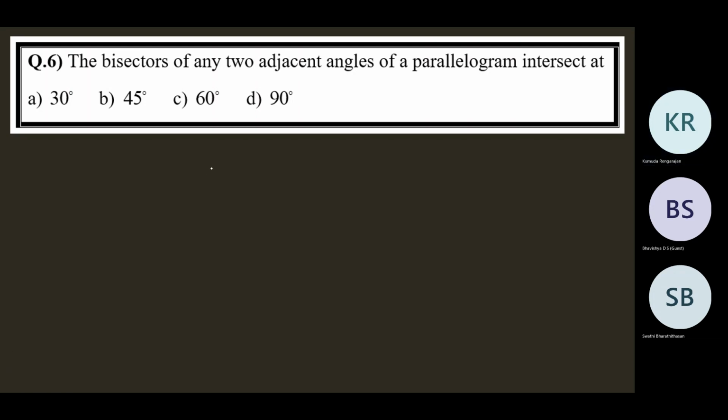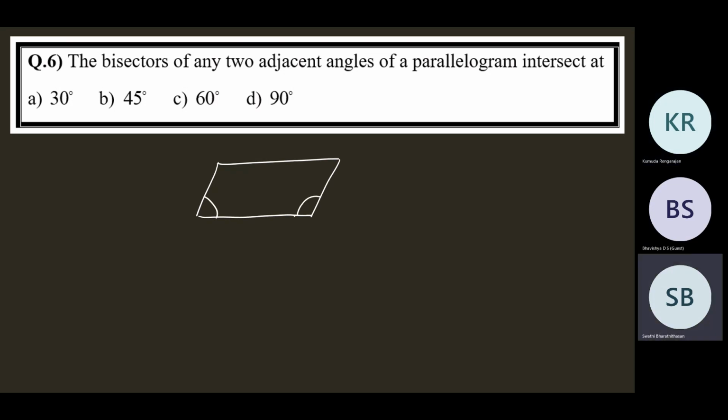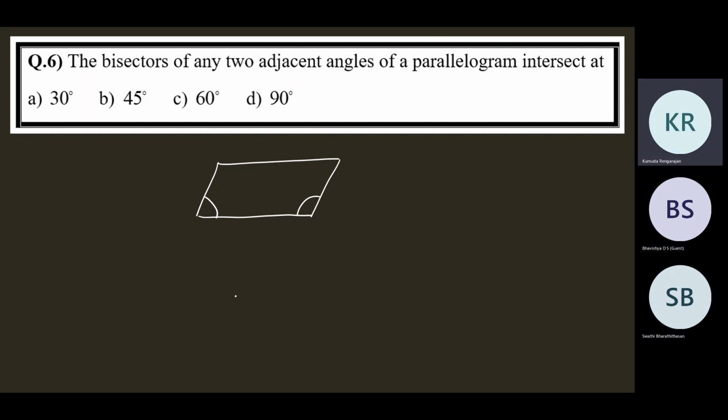See here. Name this figure. What do you call this figure? Parallelogram, ma'am. What are these two angles called? Adjacent angles. Now, let me call it ABCD. This is the bisector of angle A, okay?